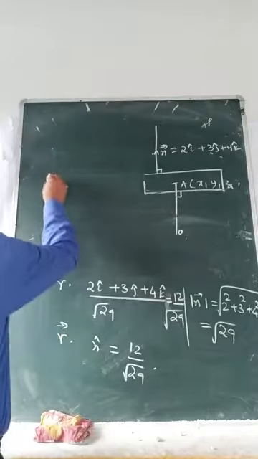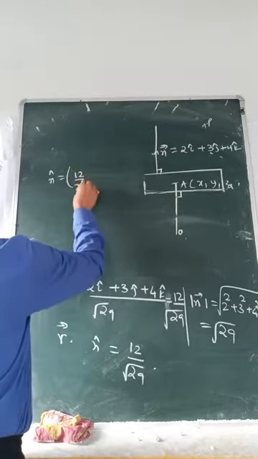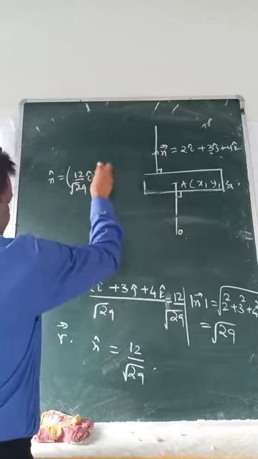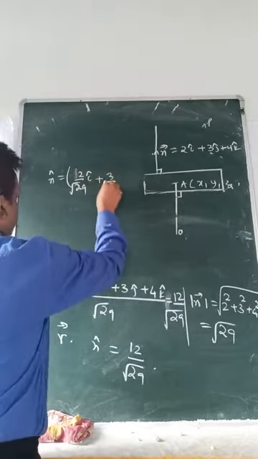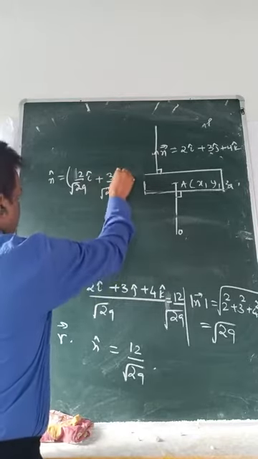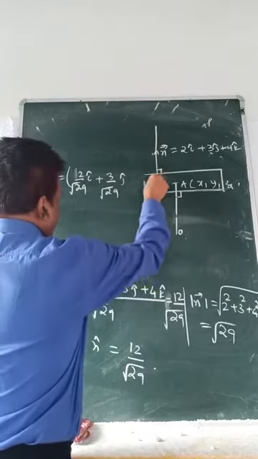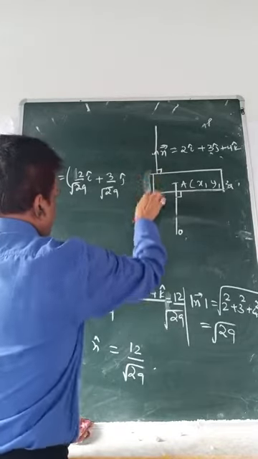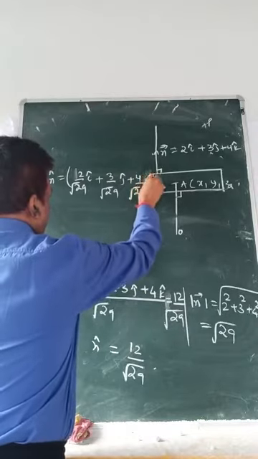N cap became 12 by root 29 i, 2 by root 29 j, 3 by root 29, 4 by root 29 k.